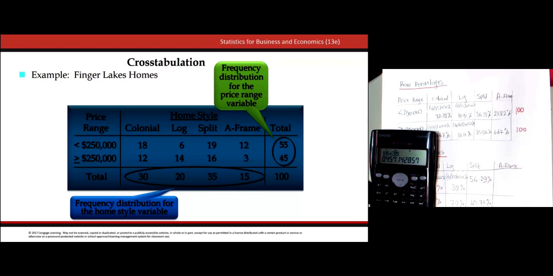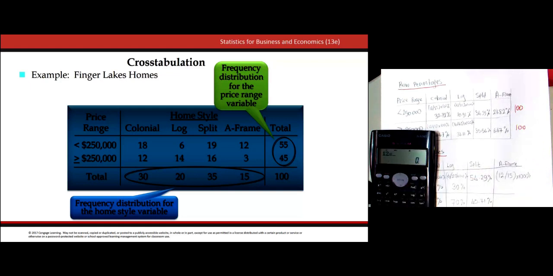And now we look at the A-frame homes. We have a total of 15 A-frame homes, 12 of them less than $250,000 and 3 of them larger than or equal to $250,000. So what percentage of A-frame homes are less than $250,000? 12 divided by 15 times 100%, which is 80%. And if this is 80%, then this is 20%.